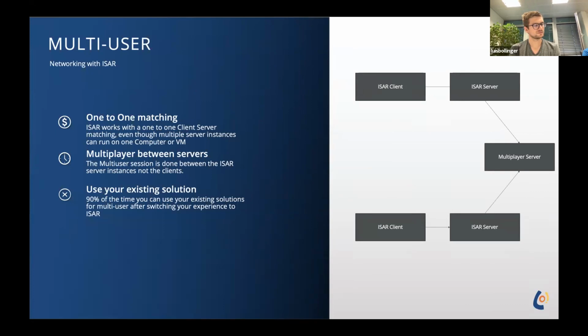So how we do it, we have a multiplayer server, I call it, so that's a bit easier, but here is our multiplayer infrastructure, called here multiplayer server. And this is happening between Iser servers. The cool thing here is, if you have a HoloLens app, which has already a multi-user built in, or in general, if you have any app or any multi-user solution that runs on x86-64, you can use it.